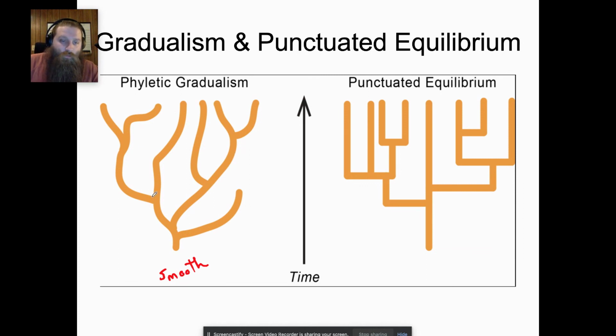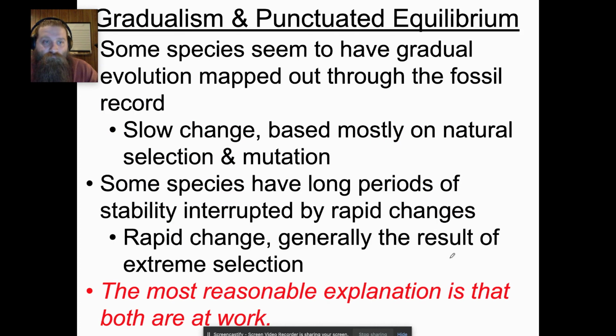So anywhere that you see a branch, that is a speciation event where you have 2 new species diverging from one another. If you see straight lines, this is periods of rapid change, right? Rapid change. And so punctuated equilibrium is how we generally explain the rapid change in organisms.